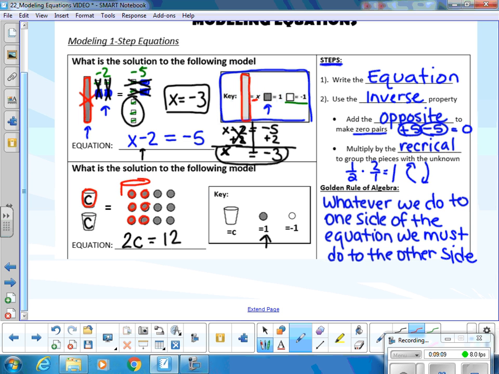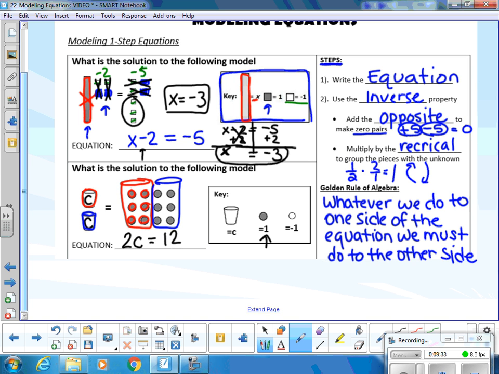So here's my red cup ones. And I'll make this my blue cup. And here's my blue cup chips. So what I did is I took those 12 and divided them in half because there were 2 cups. I needed to split it so each one got the same amount. And since there was 2, I divided by 2.